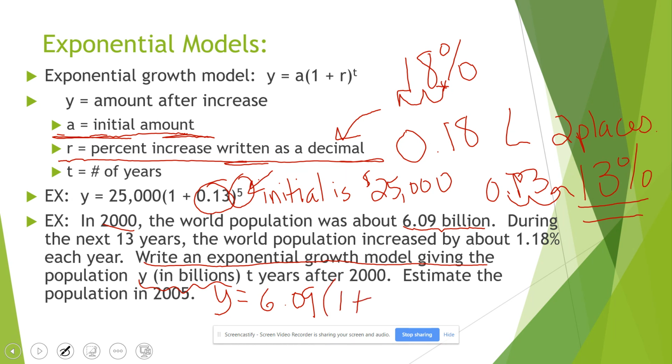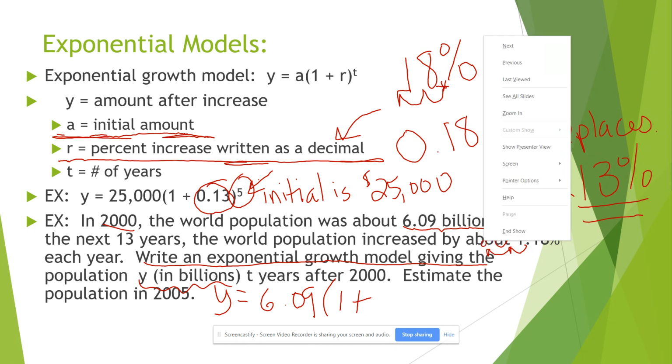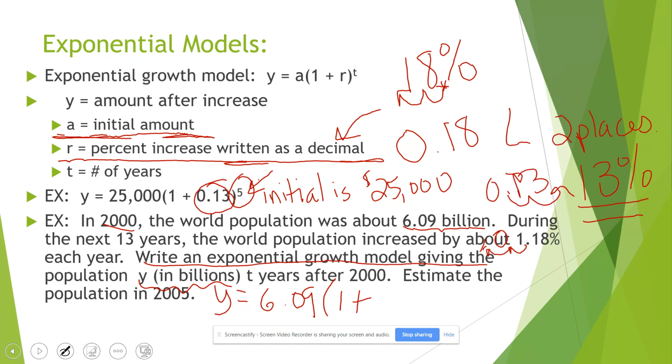Parentheses 1 plus our growth rate is 1.18%. Now remember, we have to move it over twice. We have to fill that empty hole there, so that's a 0.0118, and then T amount of years. So that's our equation.